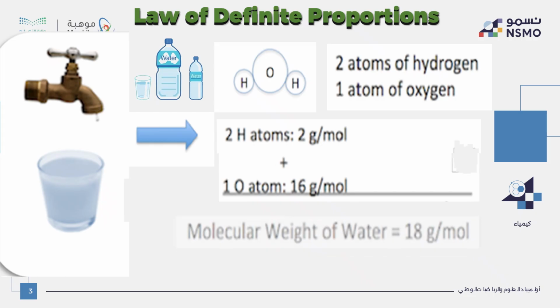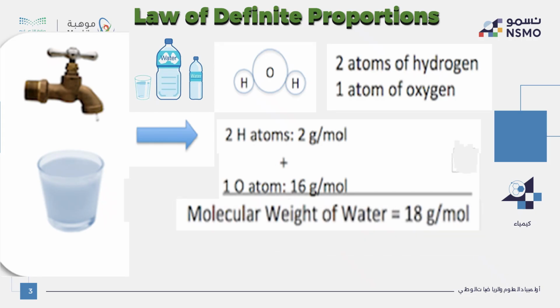To find the molecular weight of water, we have to add the masses of all of the atoms in one molecule. 2 grams of hydrogen plus 16 grams of oxygen gives a total of 18 grams per mole.